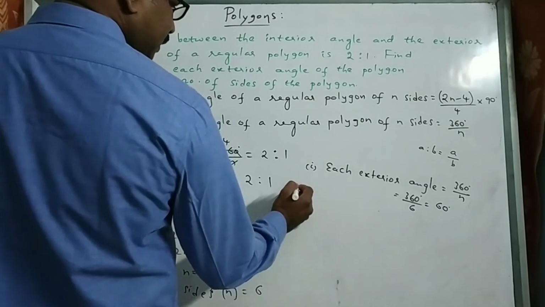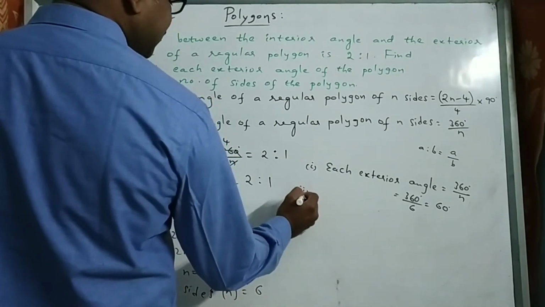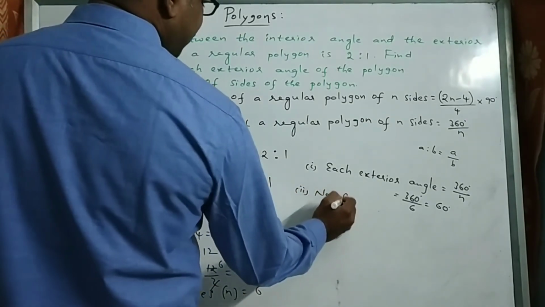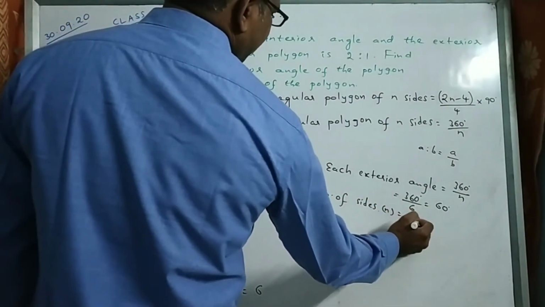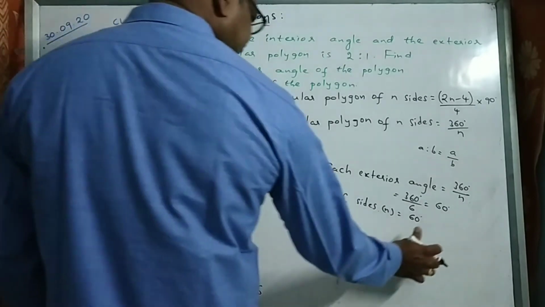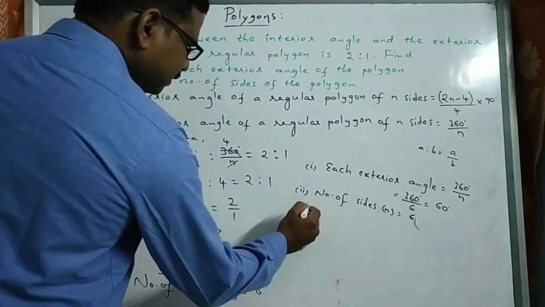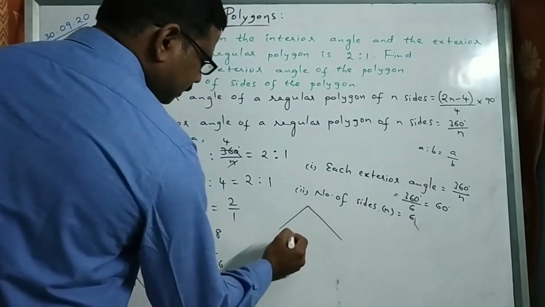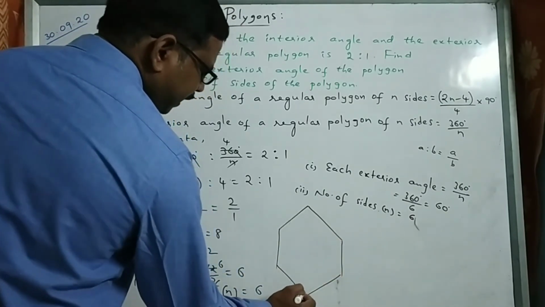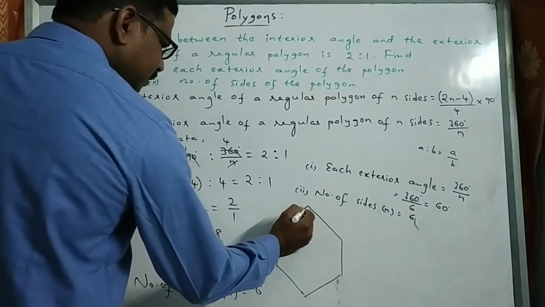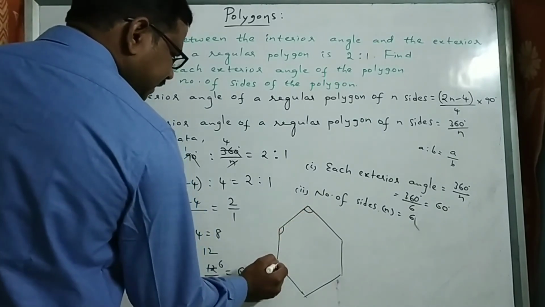Okay. Similarly, the second question's answer is number of sides equal to 6, a regular hexagon. How many sides does it have? 6 sides.